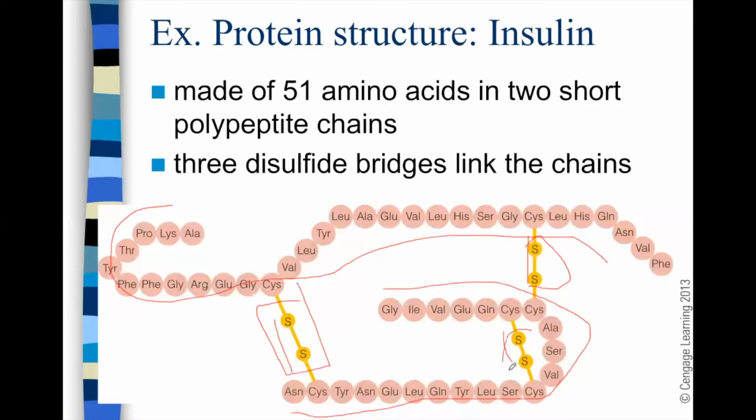So we mentioned that sulfur can be in some of these amino acids, and sulfur forms bridges that influence the protein's ultimate shape. This protein happens to be insulin, which is a very, very important hormone for regulating blood sugar.